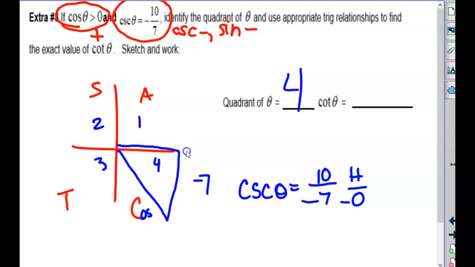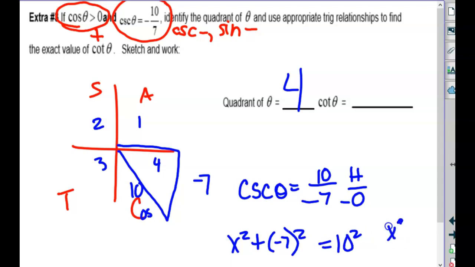Sometimes I do, but in this fourth quadrant, I'm going to the right, so it's going to be a positive number. So I have x squared plus -7 squared equals 10 squared. I think you get 51. Square root of 51, that's 3 times 17. There's nothing that's a perfect square.